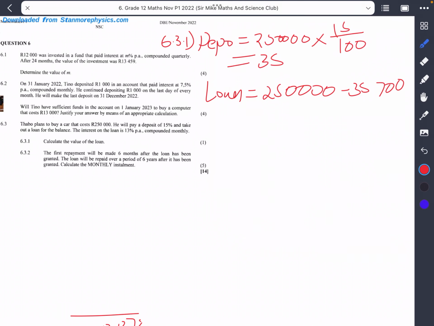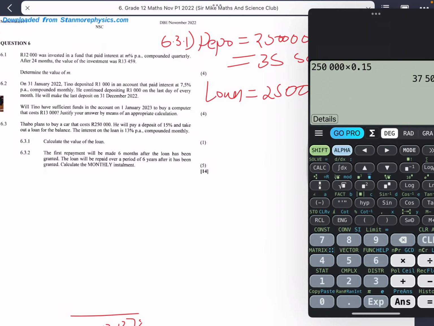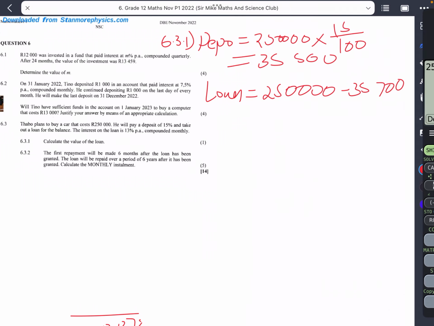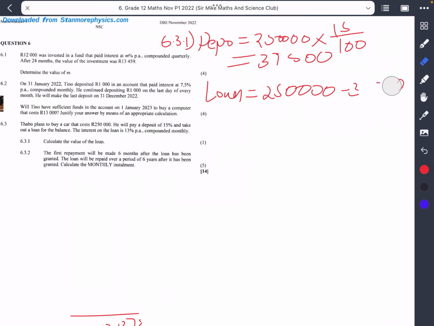So for the value of the loan, we take first the amount that the car costs, and we subtract the deposit to get the outstanding balance, which would be taken as the loan. So the loan would be equal to 250,000 minus 37,500.